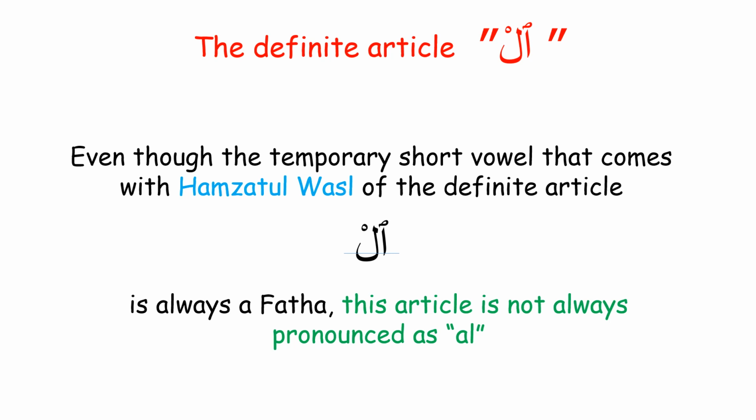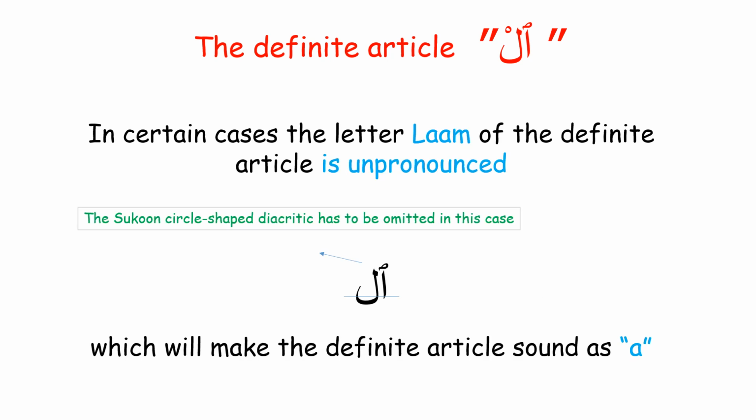The reason why I'm insisting on these details is that even though the temporary short vowel that comes with Hamzatul Wasl of the definite article is always a fatha, this article is not always pronounced as al. In fact, in certain cases, the letter lam of the definite article is unpronounced, which will make it sound as a instead of al. Fear not, it's very simple.